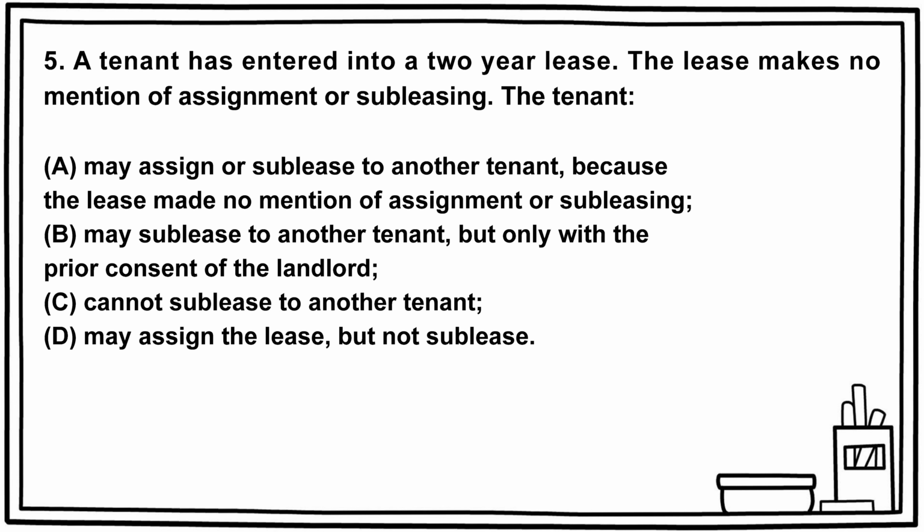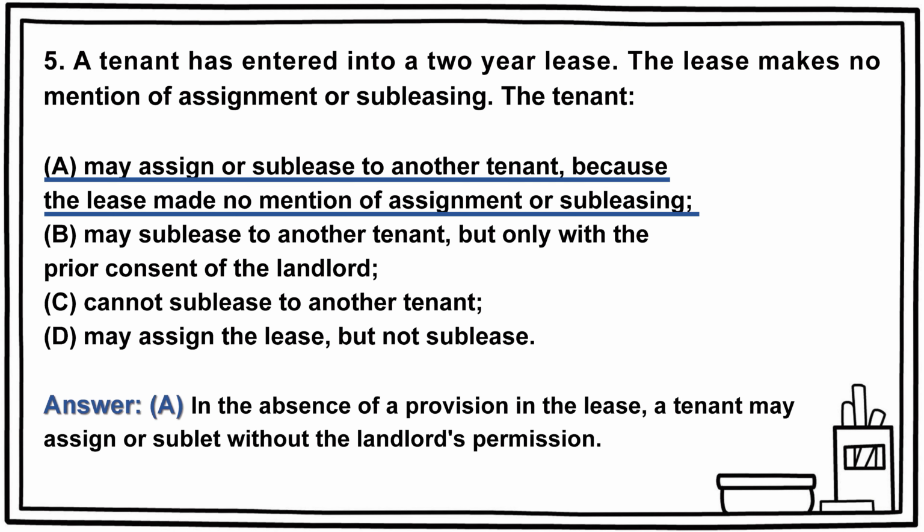C. Cannot sublease to another tenant. D. May assign the lease, but not sublease. Answer: A. In the absence of a provision in the lease, a tenant may assign or sublet without the landlord's permission.